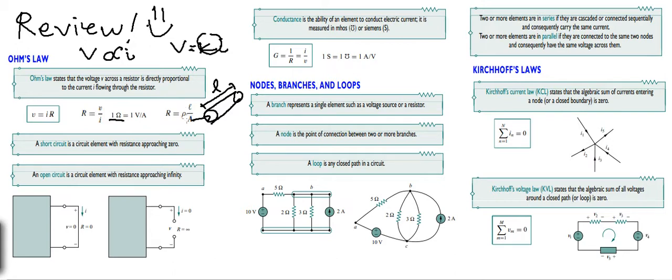Now, what is a short circuit? A short circuit is a circuit element with resistance approaching zero. If this element is short-circuited, the current can flow freely with no restriction.